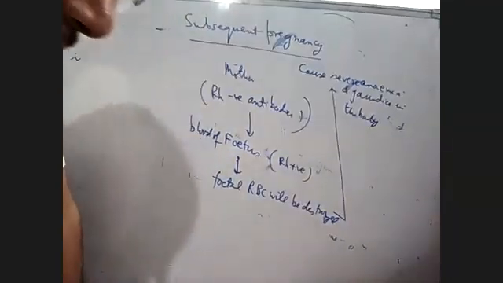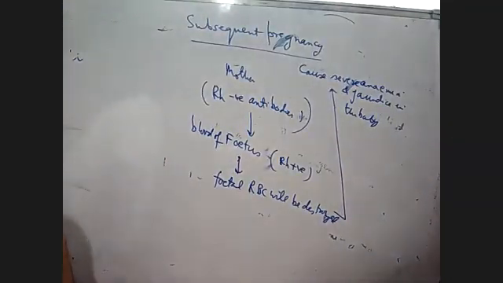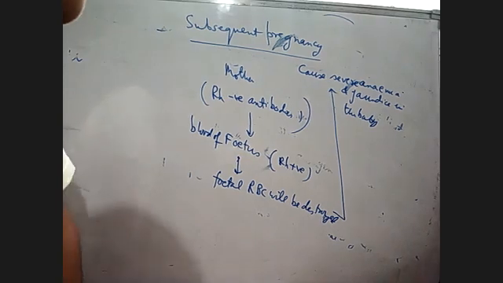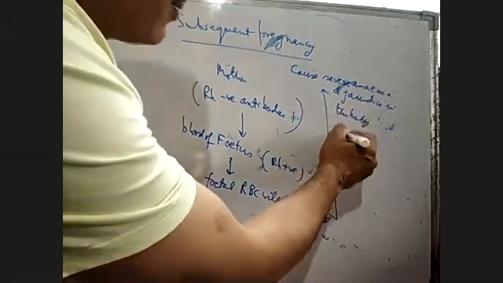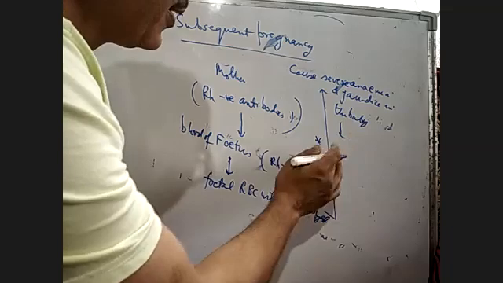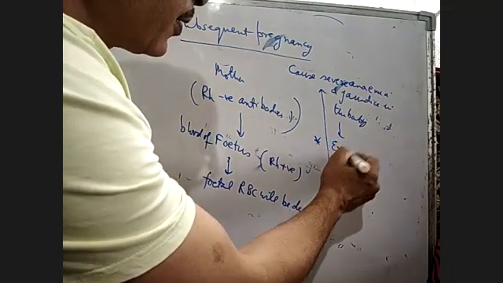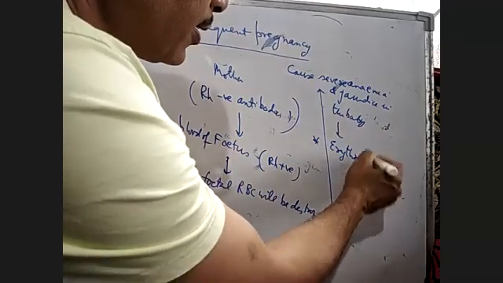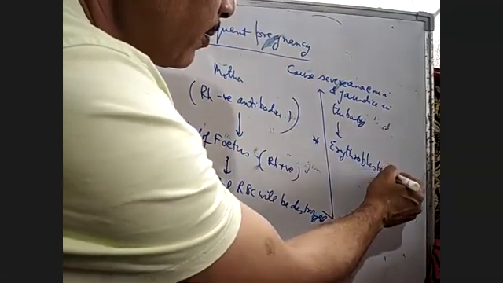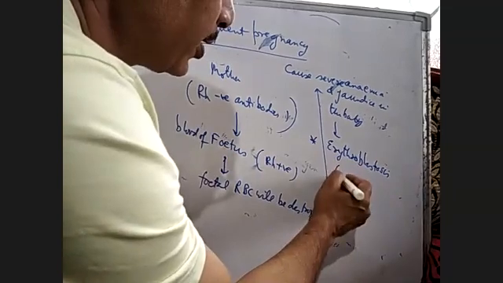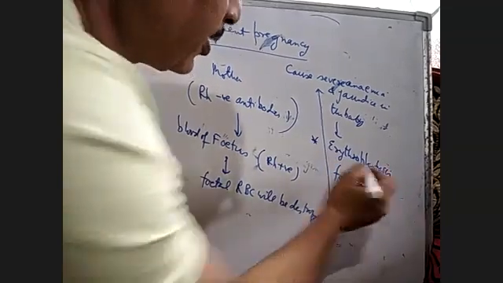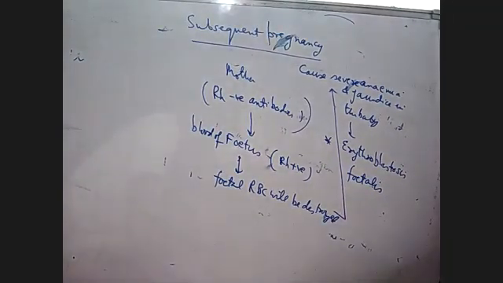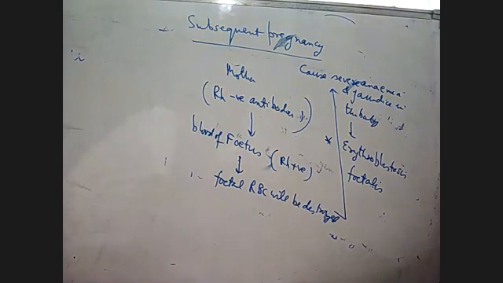And this condition is called erythroblastosis foetalis. Very, very important in the exam. This disease has been asked in the AIIMS exam before, and in the NEET exam also: what is erythroblastosis foetalis?